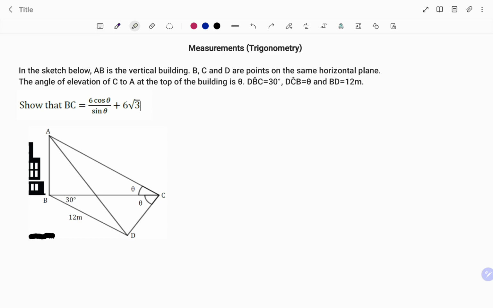We are going to use the triangle BCD as highlighted below.